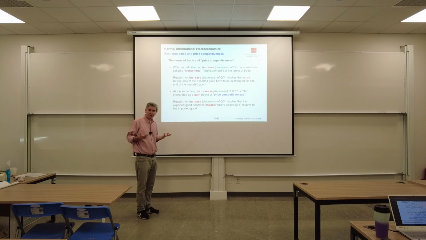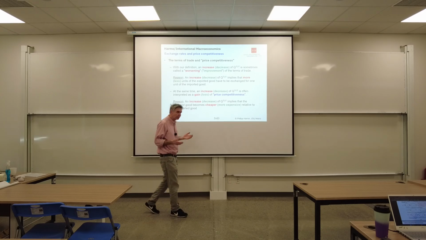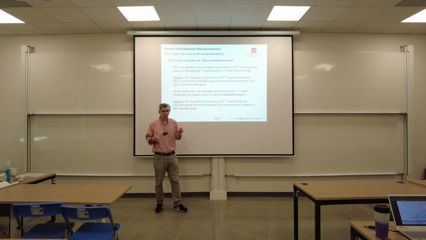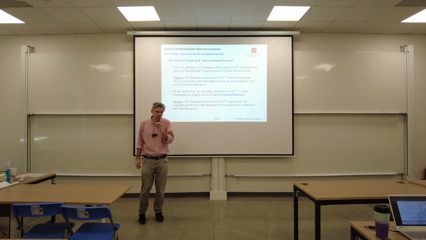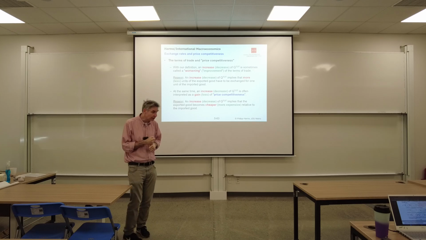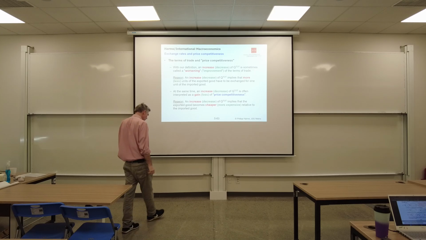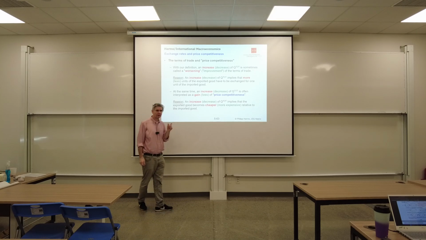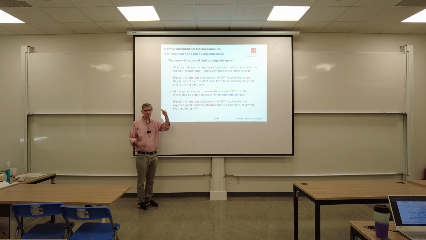We talk about the real exchange rate. Sometimes people talk about the real exchange rate and they confuse it with the terms of trade. This is already a problem because it's wrong, right? Don't do that. The real exchange rate is bigger than the terms of trade. The terms of trade is an ingredient of the real exchange rate. That's the first thing. The second thing is, I defined the terms of trade as being the price of imported goods relative to the price of exported goods.